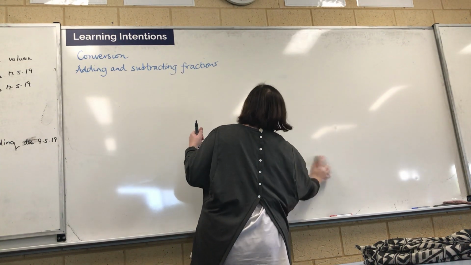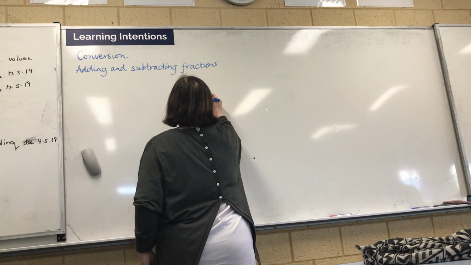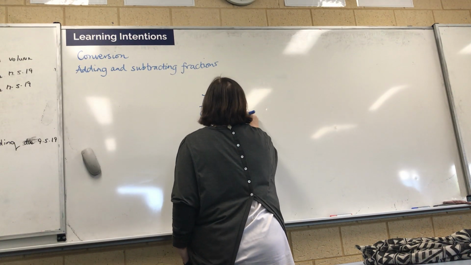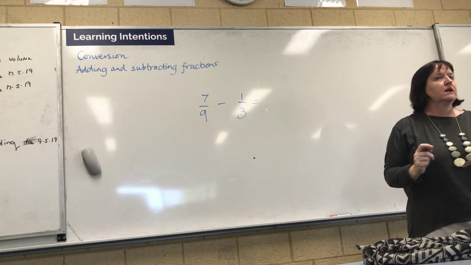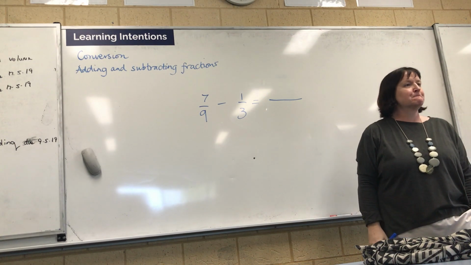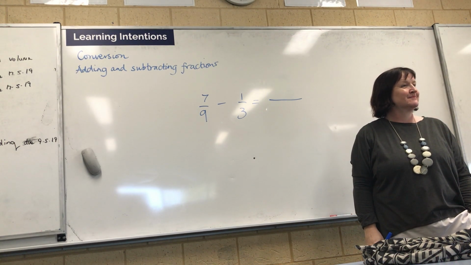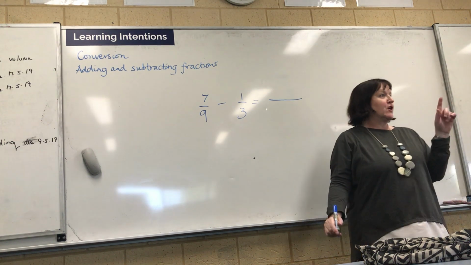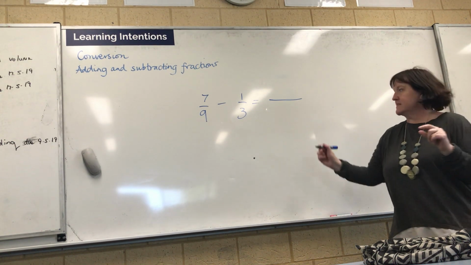Now, we'll do a couple, so we'll have 7/9 subtract 1/3. Same process. What is my new common denominator? 9. Right, okay, so let's do it both methods then.